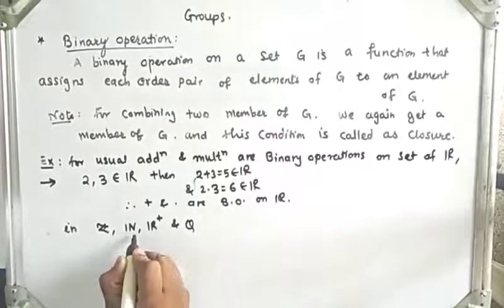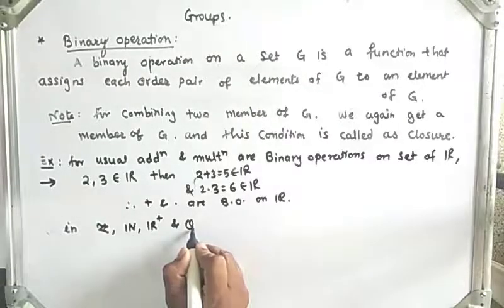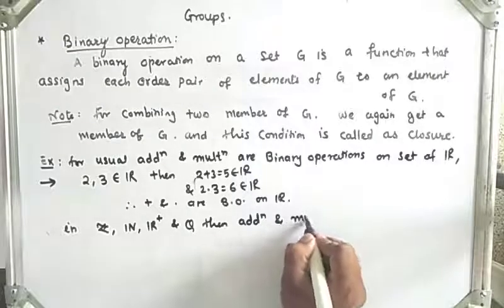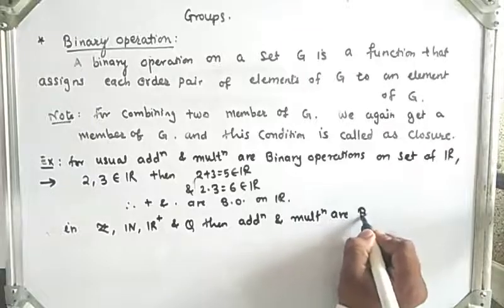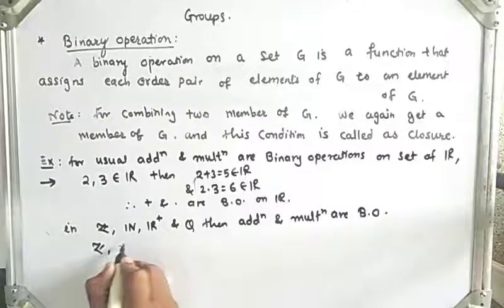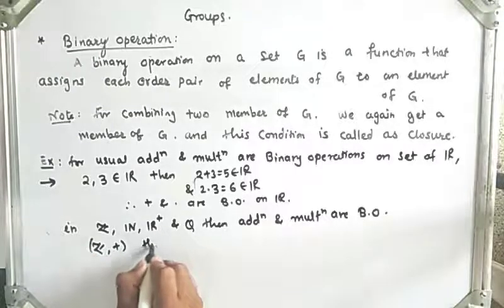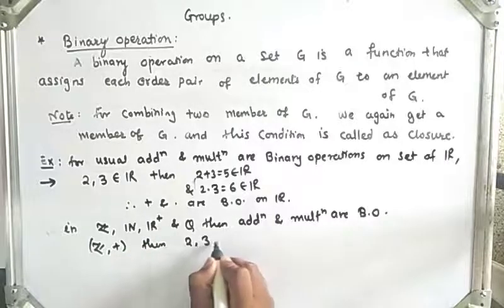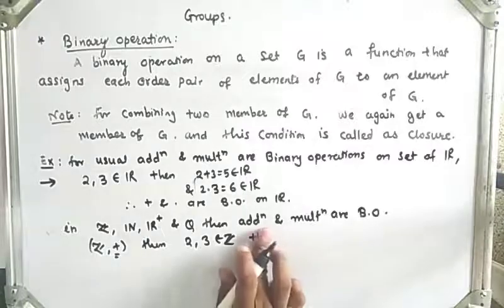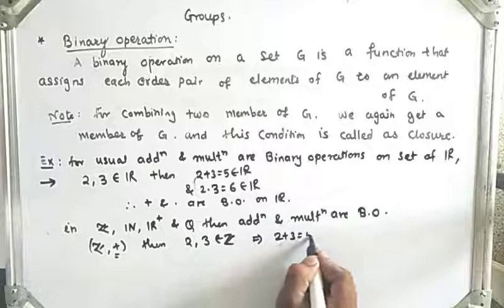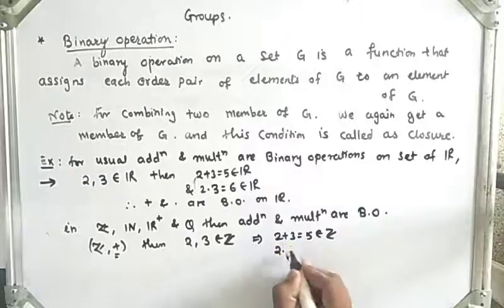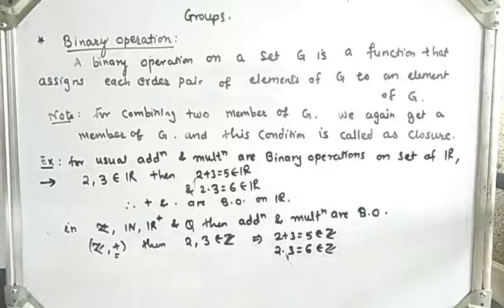So in the set of integers under addition, if I take two elements 2 and 3 belonging to the set of integers, then 2 plus 3, which is 5, also belongs to the set of integers, and in multiplication 2 into 3, which is 6, also belongs to the set of integers, right?